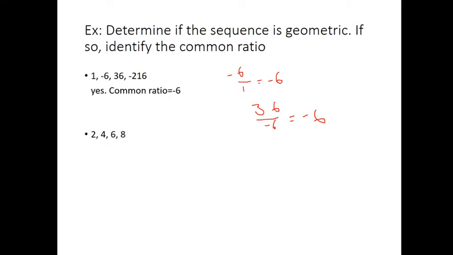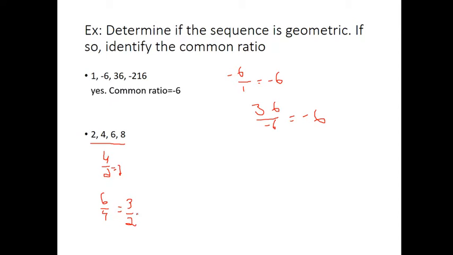For this one here, we got 2, 4, 6, 8. Well, if I divide 4 divided by 2, gives you a 2. If I divide 6 divided by 4, this one is going to give you 3 halves.